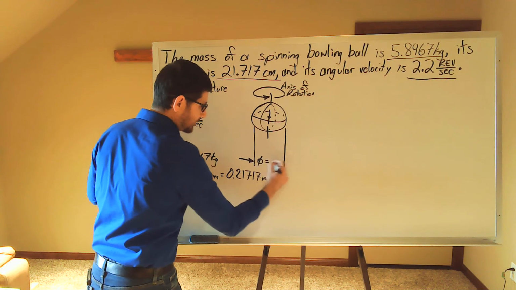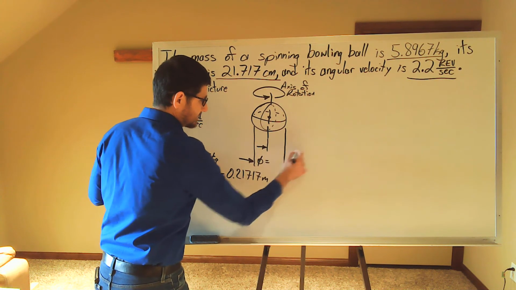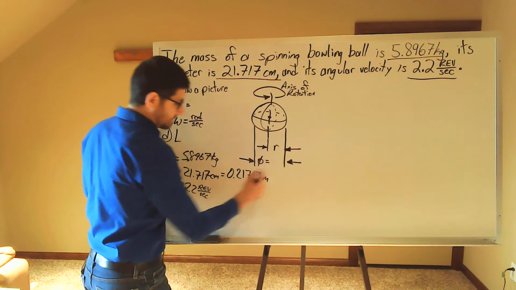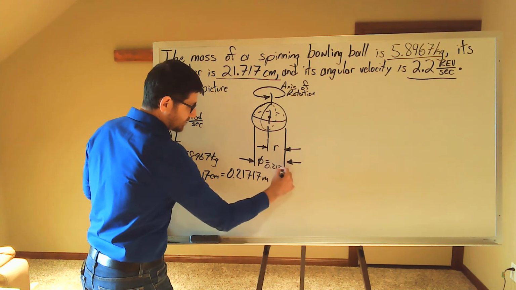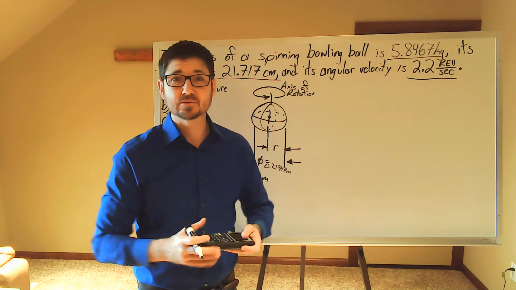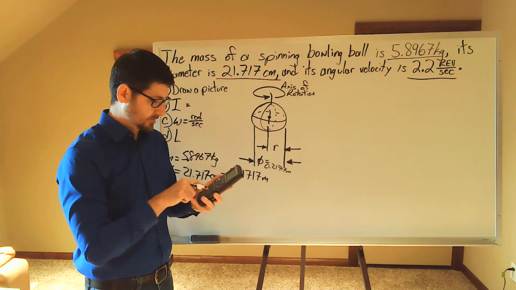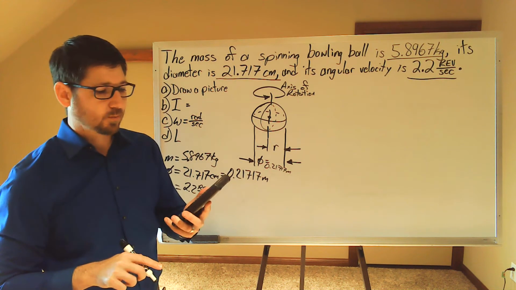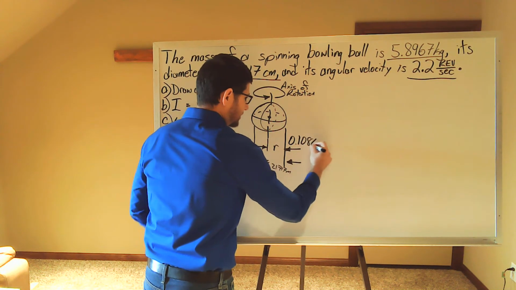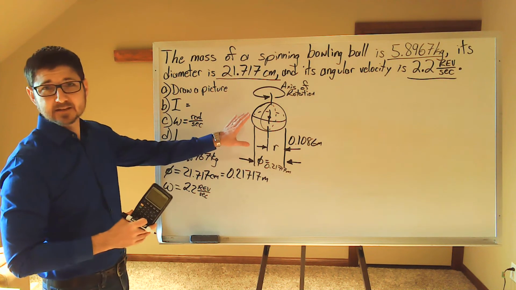The diameter, 0.21717 meters, we will need to half that to get the radius. Let's get out your calculator because we need to calculate the radius of our bowling ball. It's going to be 0.1086, and we are in units of meters. So for part A, we've taken care of that.